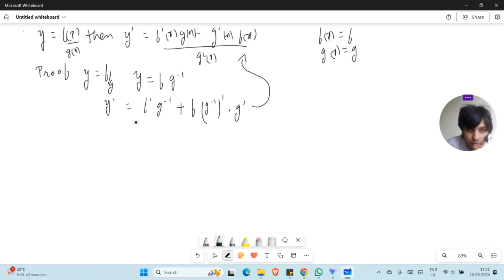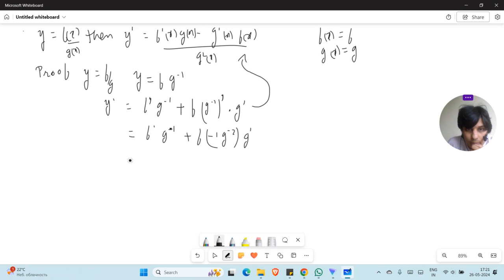So let's do the manipulation. We get here f prime g inverse, plus, now differentiating g inverse, this is the prime, I will get minus 1 g to the minus 2 into g prime.